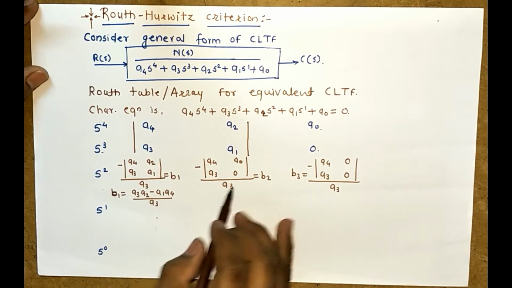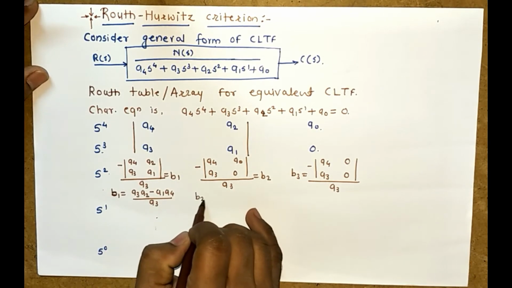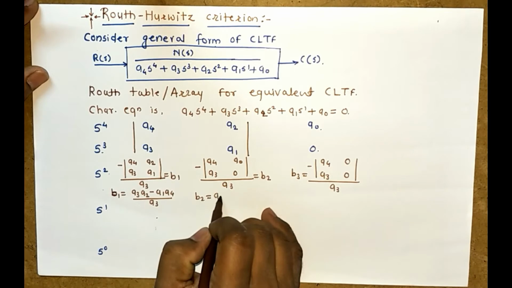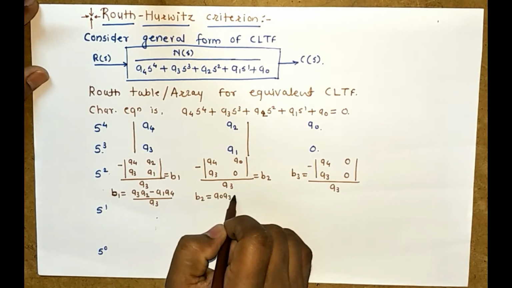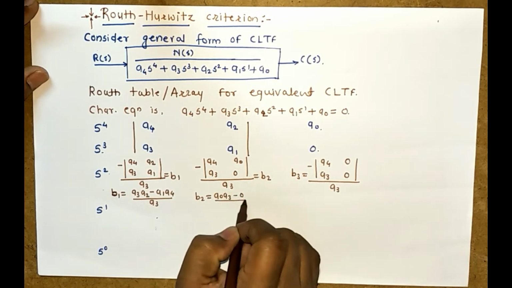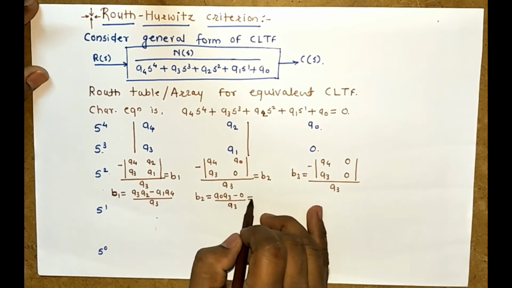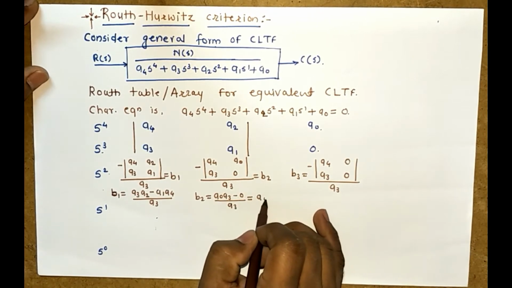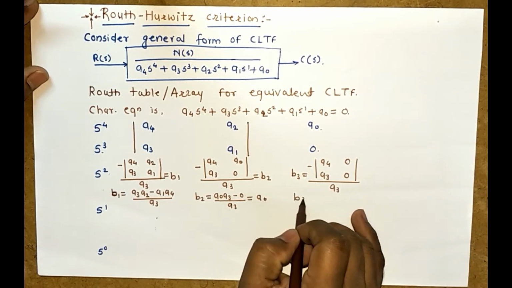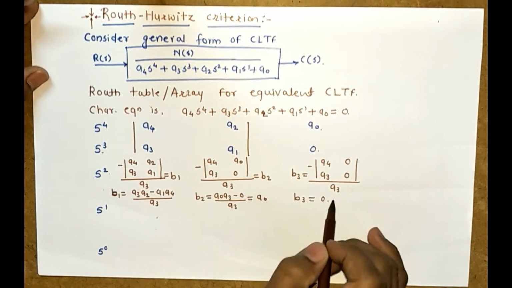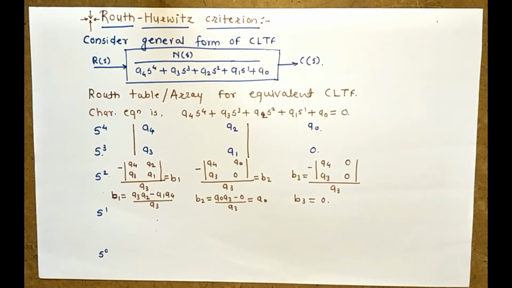Similarly, solve the second matrix. b2 is equal to a0 into a3 minus 0, which is equal to a0. b3, the first column, is 0.